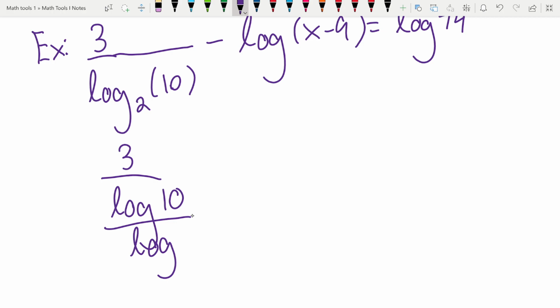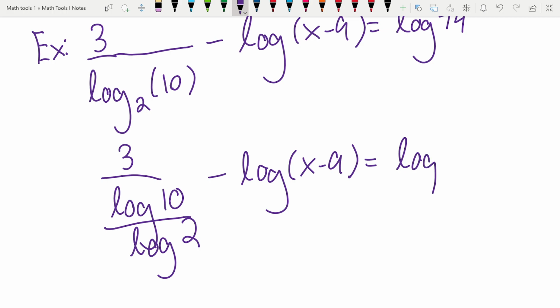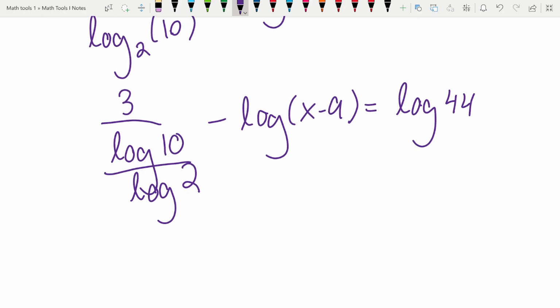Okay, so using the change of base formula here, we're going to have 3 divided by log base 10 over log base 2, right? Log base 2 of 10 is log base 10 over log base 2. And then we didn't touch the rest of this here. Now this fraction on the left side, we can do our same flip stuff from the rational chapter.